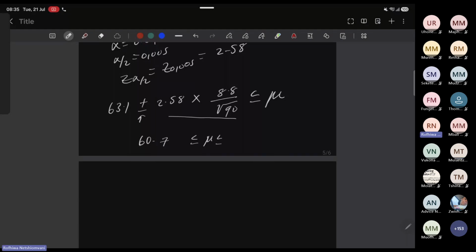Now, once you do the negative, now you just go back to your calculator, remove the negative and put positive. That's the only thing that changed. Remove the negative and put the positive. What is the answer? 65,49.